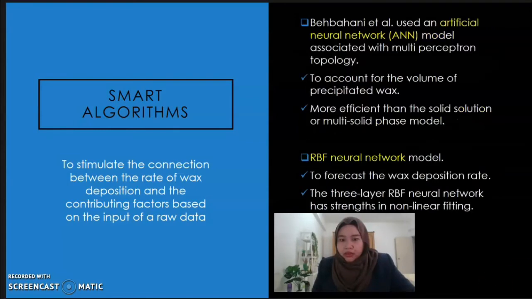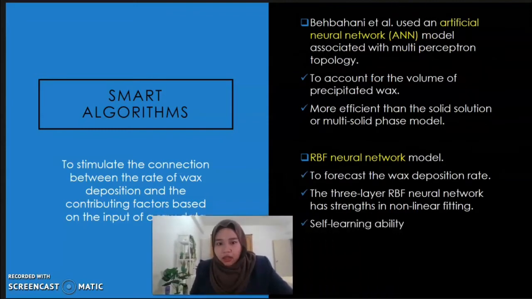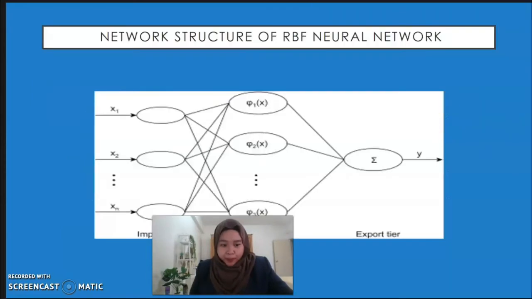So the next example is from Behbani et al. They used an artificial neural network (ANN) model with multi-perceptron topology to account for the value of precipitated wax and indicated that this approach was more efficient than the solid solution or multi-solid phase model.